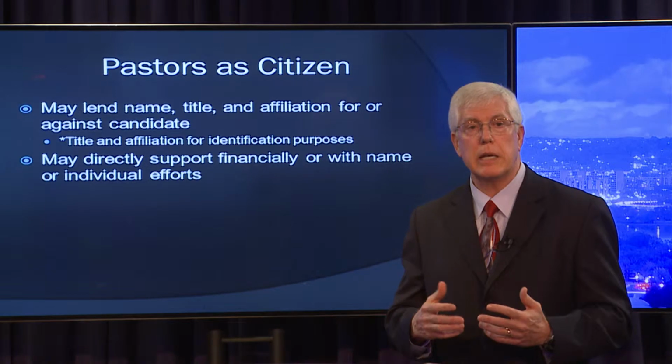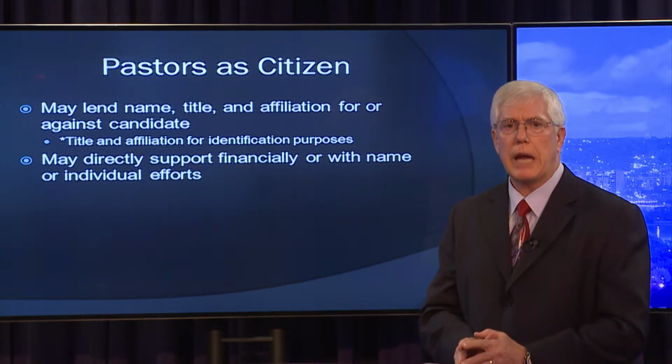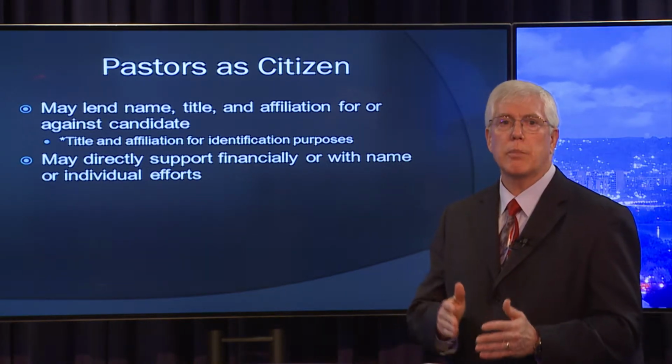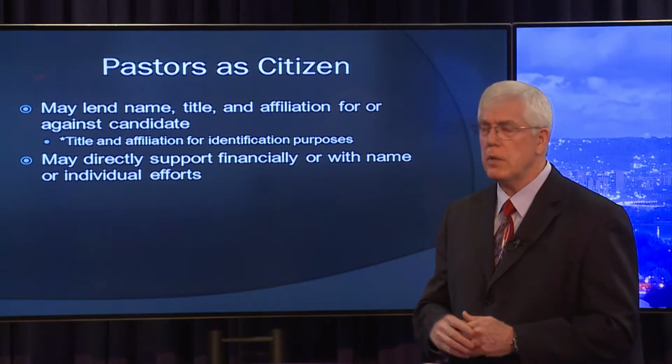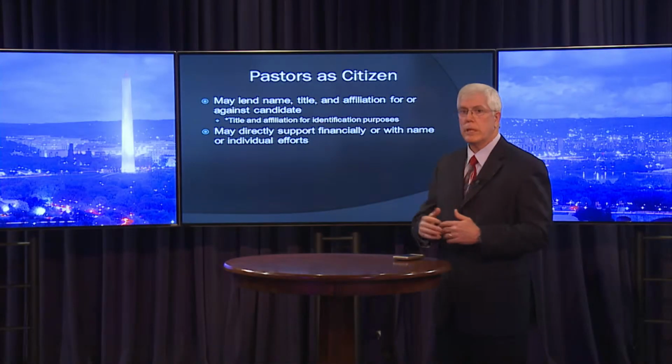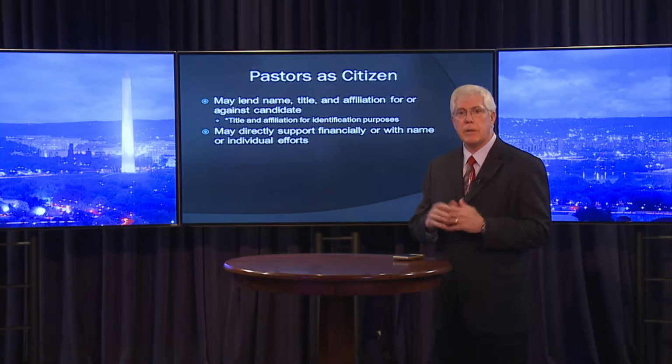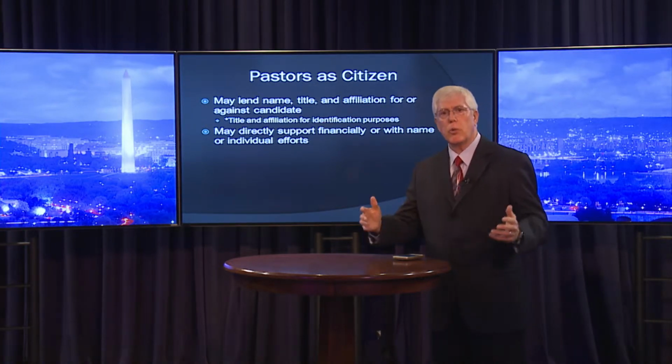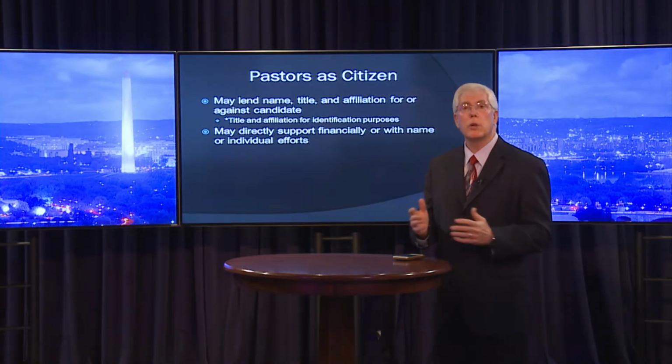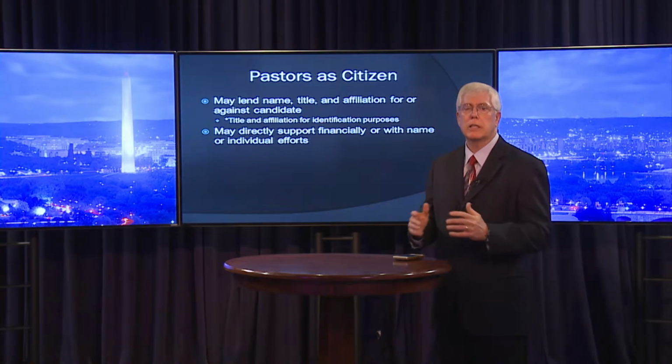A pastor can certainly lend the name of that pastor and the name of the church to support of or opposition to a candidate. For example, Pastor John Doe of ABC Church supports a particular candidate or opposes a particular candidate for elected office.